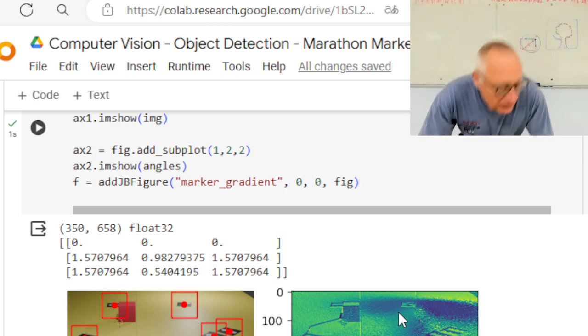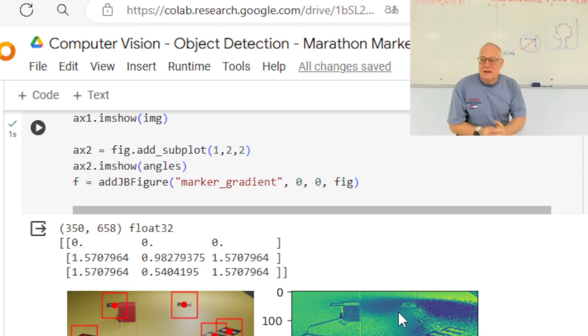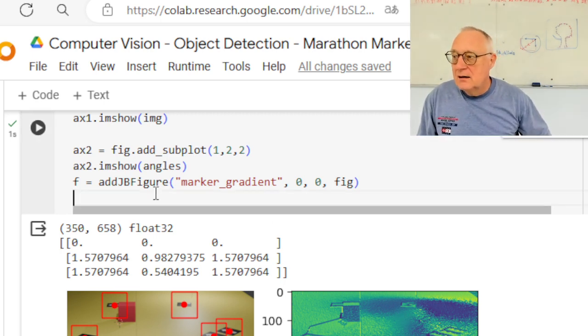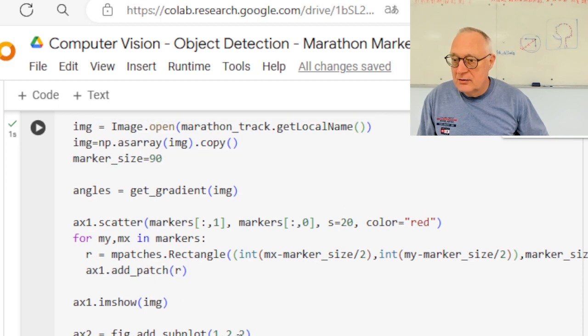So now for every pixel I get some data, and it actually is kind of correlated to what we need to know about the marker. The green, I could set the color map here. And for that, turn the axis off too.